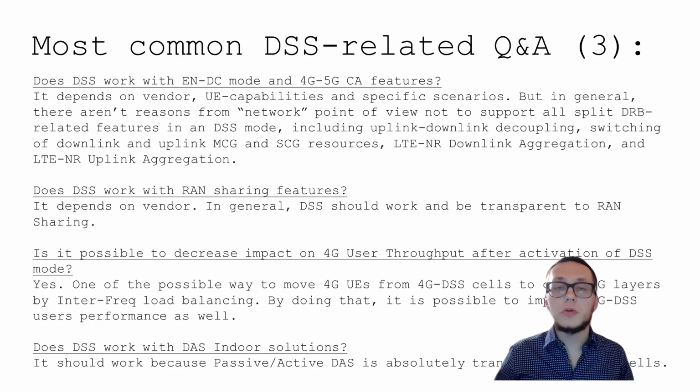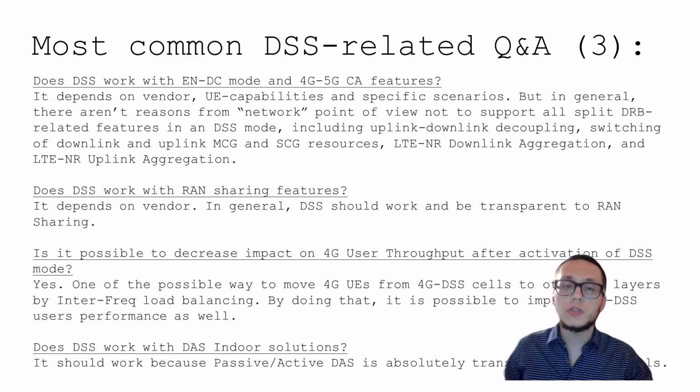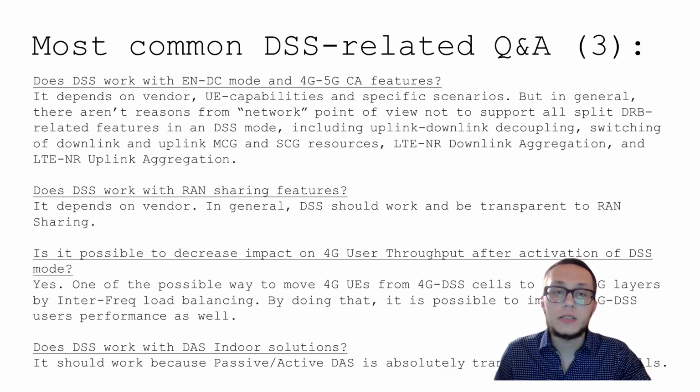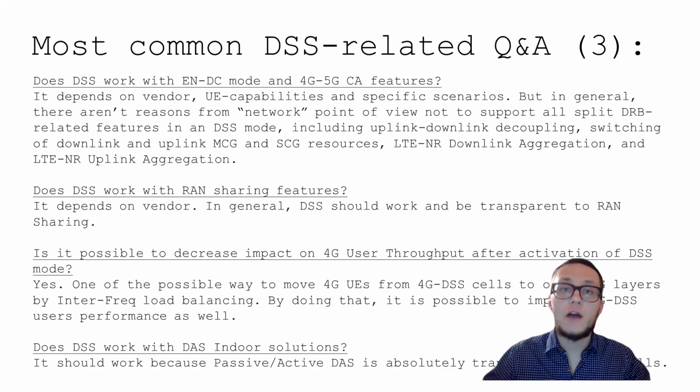We can do it manually by tuning, for example, antenna tilts and so on. By doing that, actually, it is also possible to impact the performance of 5G cells, because there becomes more space for 5G users as well.